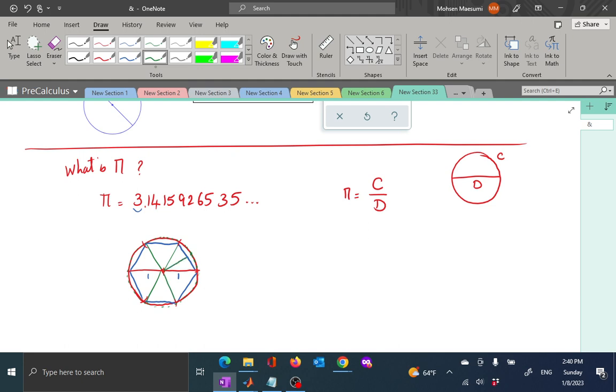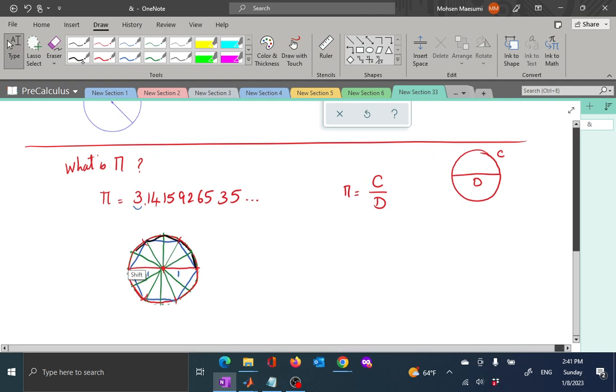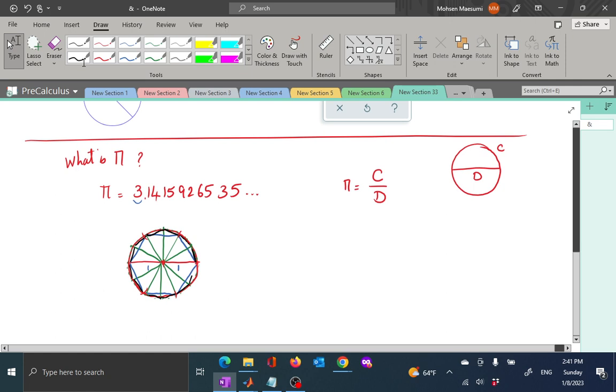So we do this triangle, and then this one, and this one, and now we have a shape with 12 sides. So here is number 1, 2, 3, 4, 5, 6, 7, 8, 9, 10, 11, and 12.